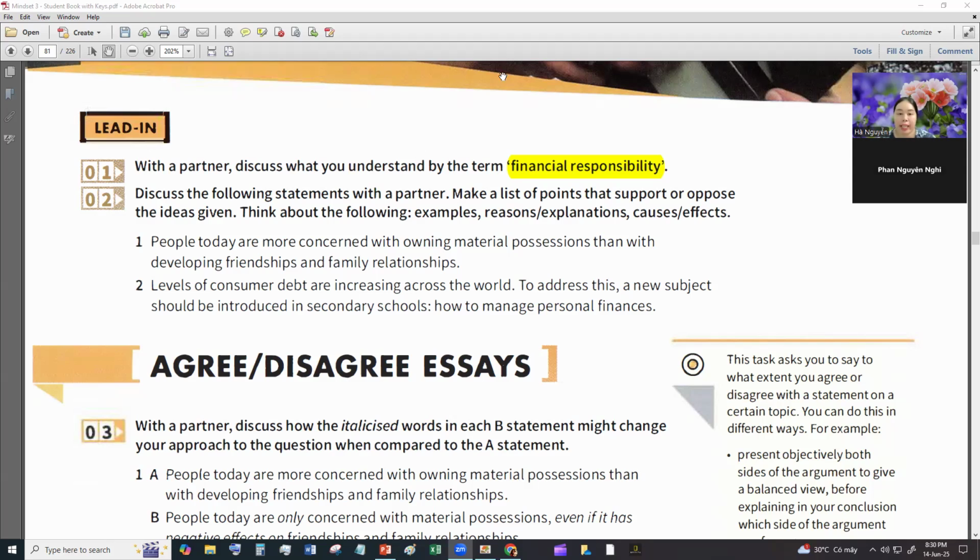Remember that your ideas can be given in a form of examples, reasons, explanations, causes, and effects. So there are lots of ways to support your point.